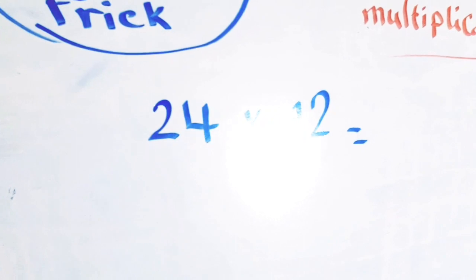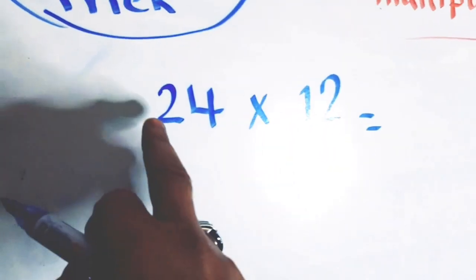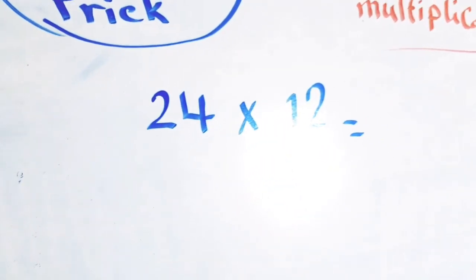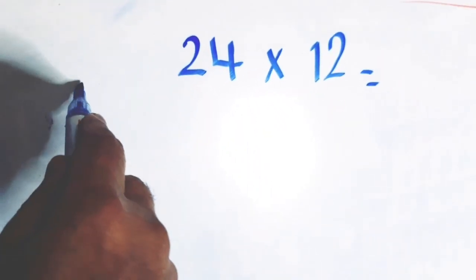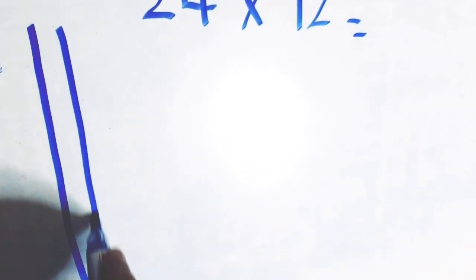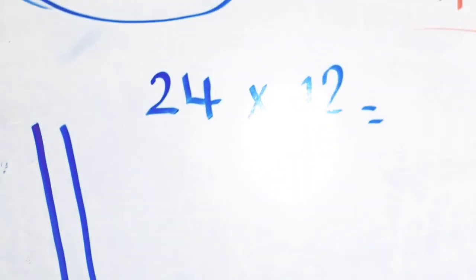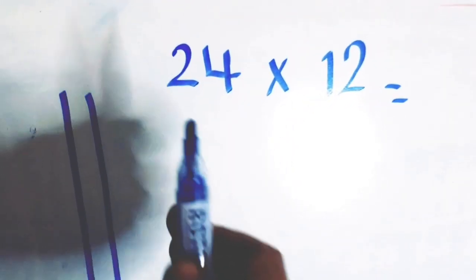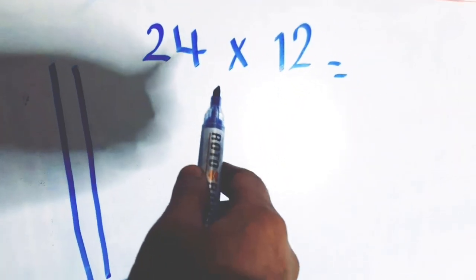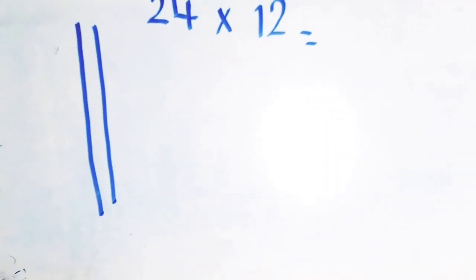Okay, let's begin and apply the Japanese method for multiplying a 2-digit number by a 2-digit number. We look at the first number digit by digit. We look at the left side. We have here 2. We draw 2 vertical lines which represent the digit 2. Leave space. We must leave space. And look at the second digit.